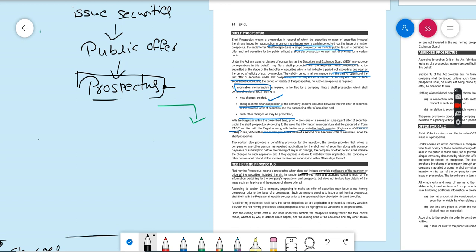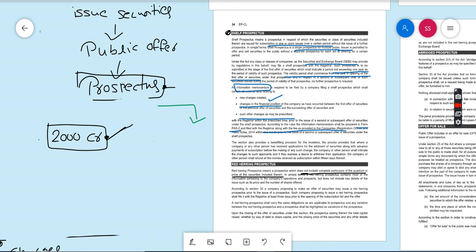Let's just say the company wants 2000 crores. That is how much capital it wants to raise, and that will be mentioned, but it does not mention how many shares they are issuing or at what price. It just simply says how much money they want.